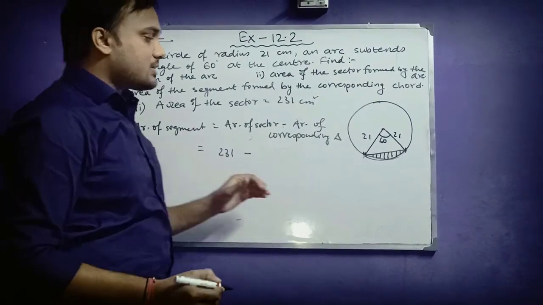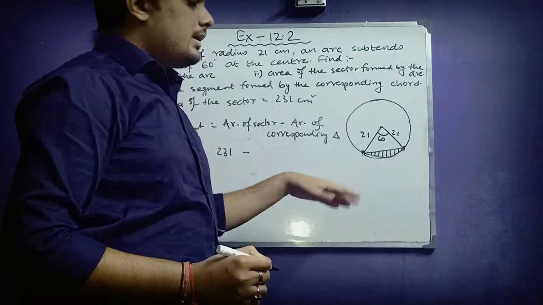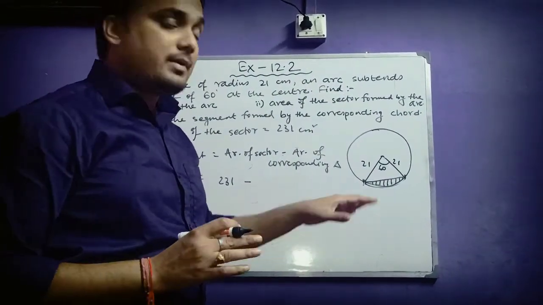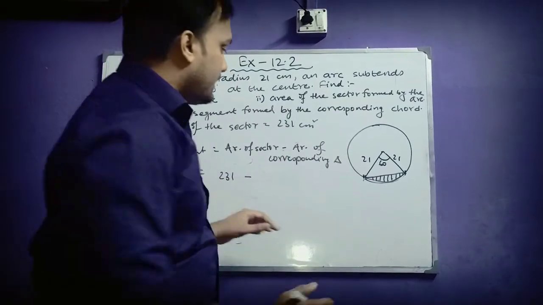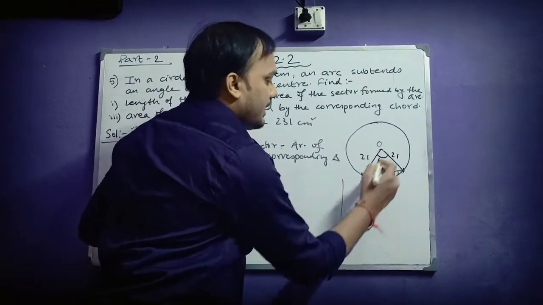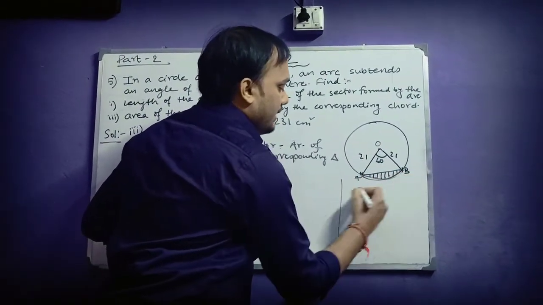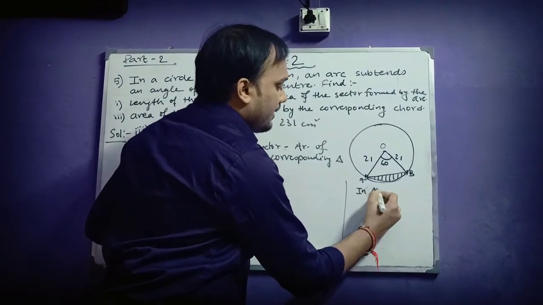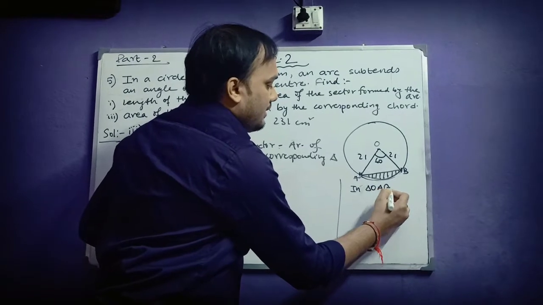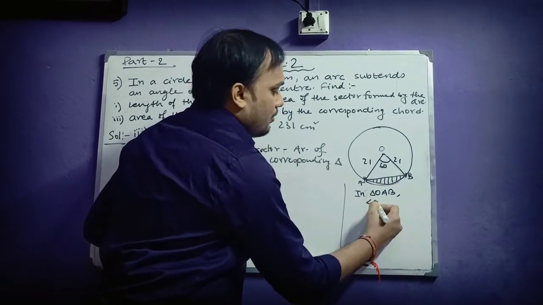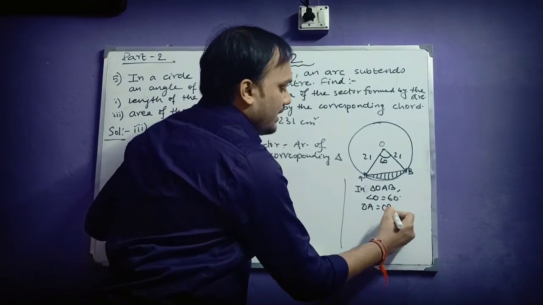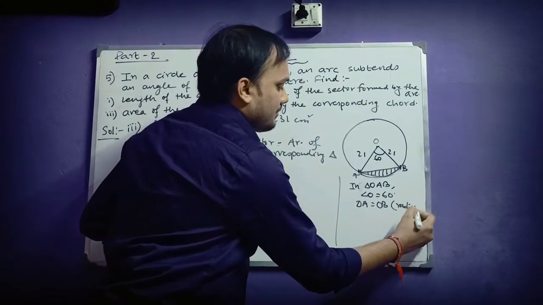Okay, one more thing here students, for finding the area of the triangle, there are many formulas. But what formula we will be applying here is very important. Let us give the triangle a name, OAB. In triangle OAB, we see that angle O is equal to 60 degree and OA equals OB, both are radius.